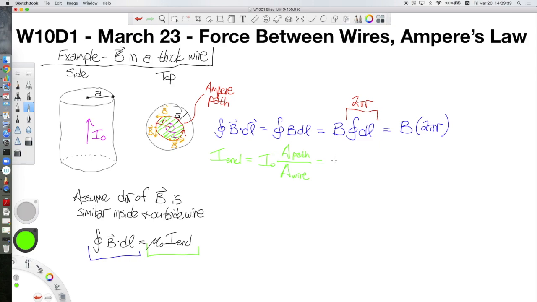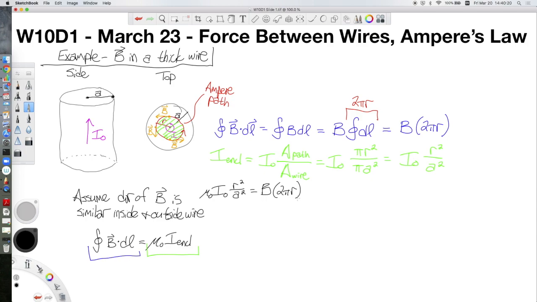So this becomes I naught times, well, the area of the path is pi times r squared, and the area of the entire wire is pi times a squared. So this simplifies to I naught times r squared over a squared. Now we can set these equal to each other and solve. So we have mu naught, out front, times I naught times r squared over a squared, equals B times 2 pi r.